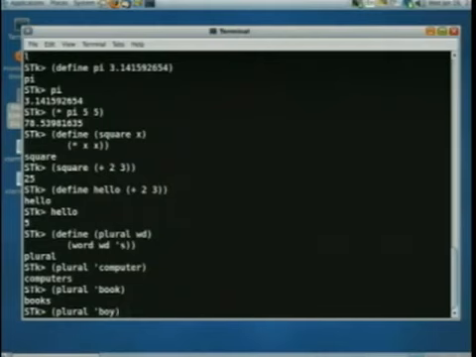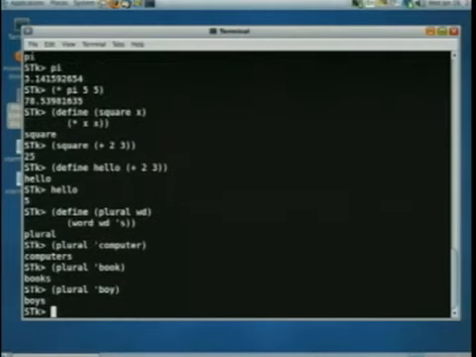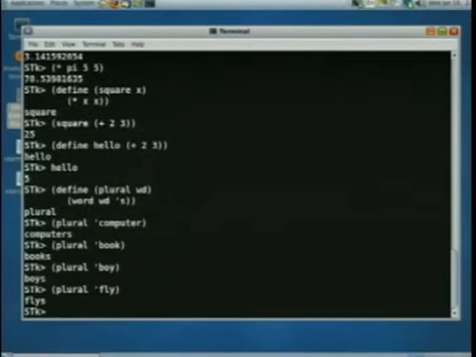Notice I'm quoting the words that I'm using as inputs, because quote computer is the actual argument expression, and computer is the actual argument value, or book or boy. Well, there's a problem with this. It doesn't quite work. That's the wrong answer. So I'm going to fix it.